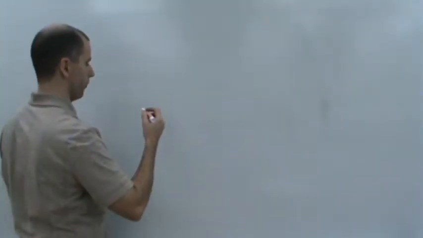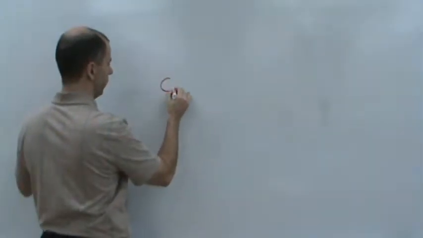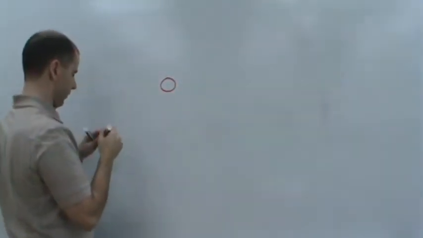So let me show you the way I usually try to get the point across as far as with the statistics. And the best way to do it is looking at a bullseye. So here's the bullseye right here, okay?